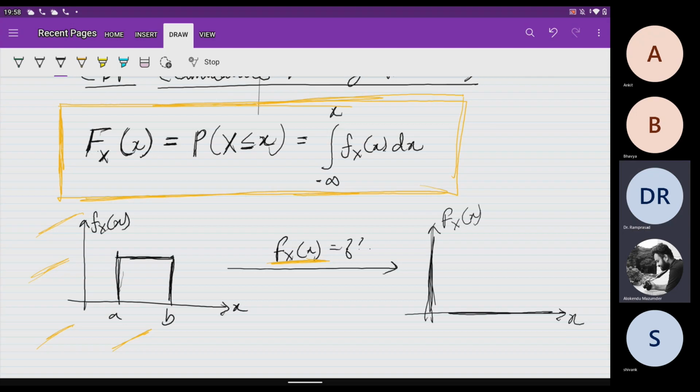You have to compute all the probabilities for all values less than or equal to x and add up the probabilities. Yeah, that's what the CDF means.